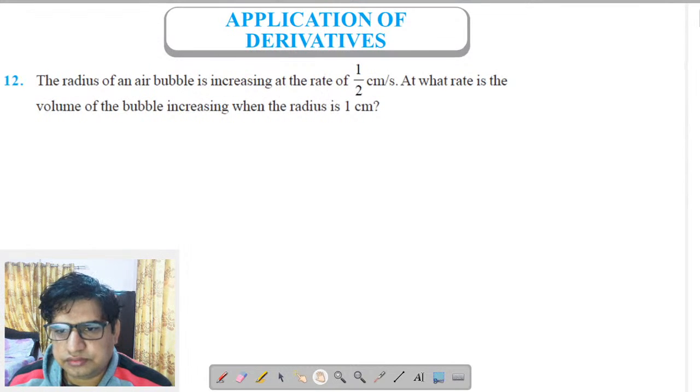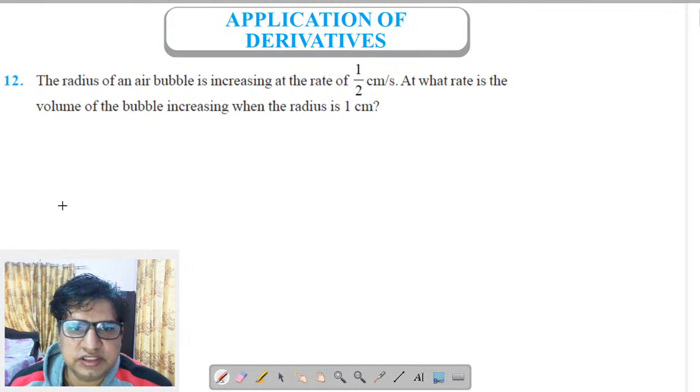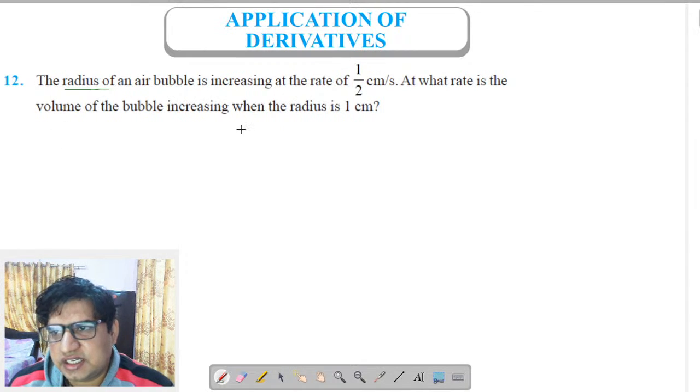Here in this question, the radius of an air bubble, so it's more or less similar to the question that we have already discussed, kind of spherical balloons. So this is quite similar to that question, okay. The radius of an air bubble is increasing at the rate of 1/2 centimeter per second. So guys, what is given to us? First of all, the radius of the bubble is changing, so we are given dr by dt, and it is centimeter per second, so definitely it is dr by dt.